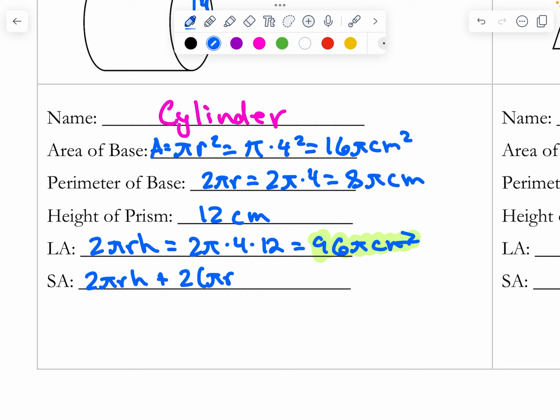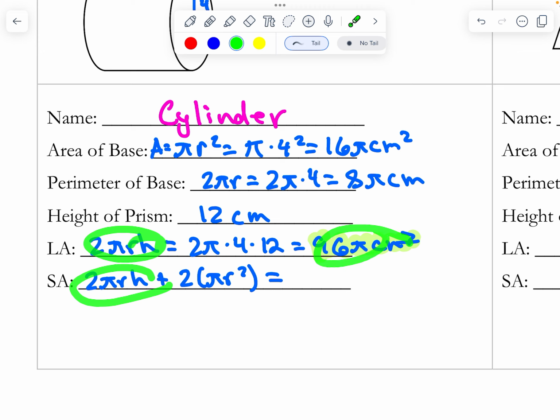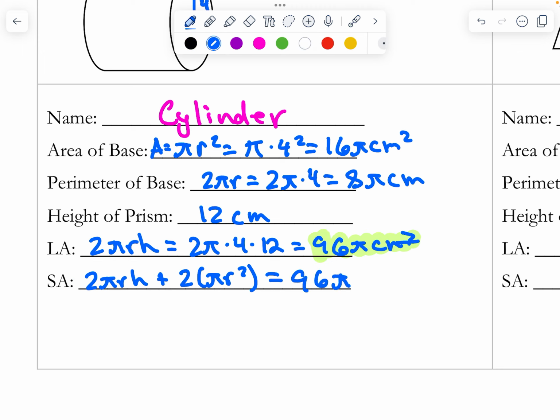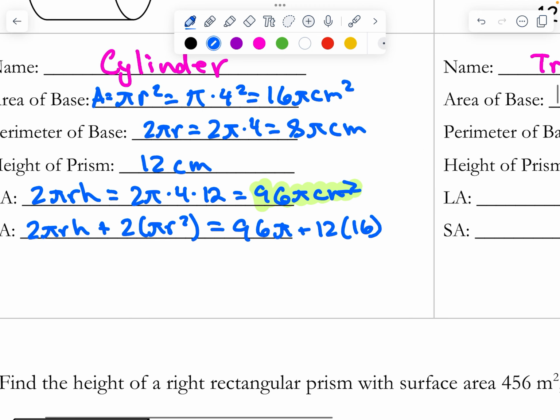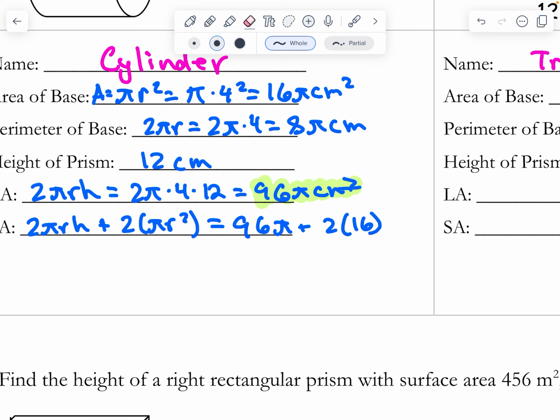so 2 times pi r squared. So did I find those? Yes, I did, right? So we can just use these, and that's exactly what I'm going to do. We found out that 2 pi r times height is 96 pi, and then 2 pi r squared is 16 pi, so we want double of 16 pi.